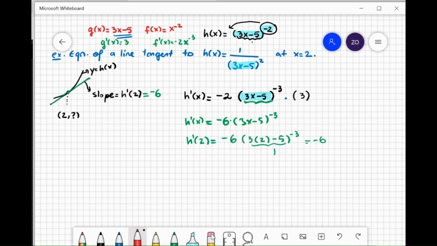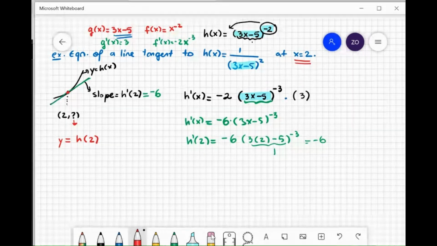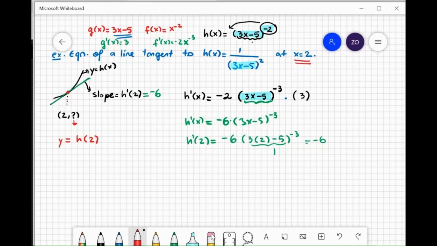Now let's find the y coordinate of this point. It is h of 2. Because the point we are evaluating at is x equals 2, h of 2 will give us the y coordinate of this point. 1 over 3 times 2 minus 5 squared.